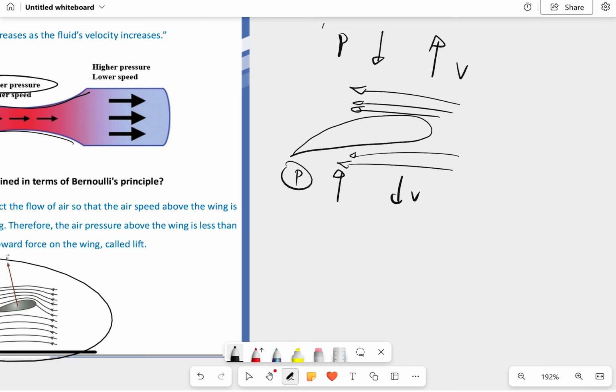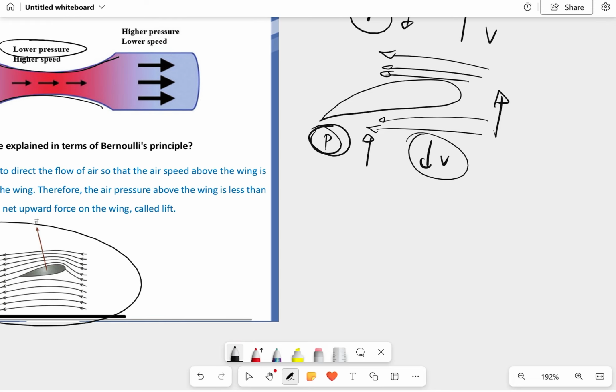This difference in pressure, guys, as you see here, is going to exert an upward force on the wing of the airplane, and that is how it's going to raise the airplane, okay? It is due to the pressure that is high beneath the wing and the velocity that is low beneath the wing.